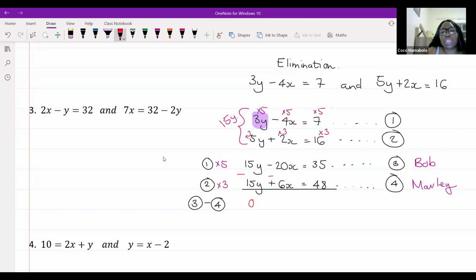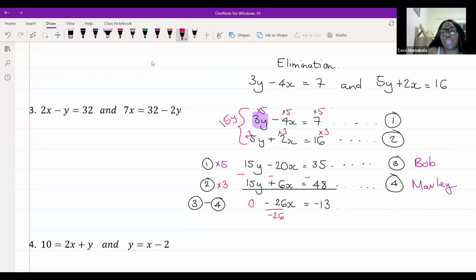So negative 20x minus 6x will give me negative 26x. And that is equal to 35 minus 48, and that will give me negative 13.